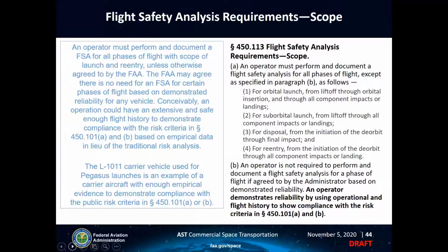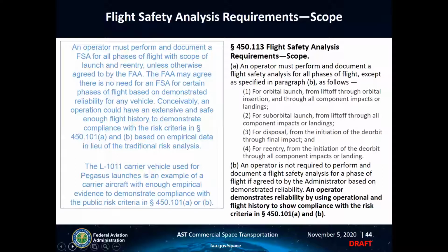So paragraph B provides some flexibility in that, as noted in the preamble to the final rule, a flight safety analysis is not required if an operator demonstrates reliability by using operational and flight history to show compliance with the risk criteria.